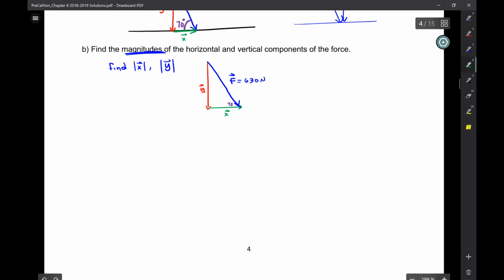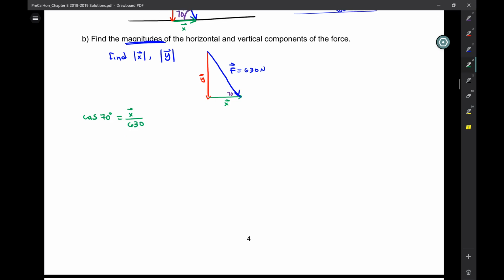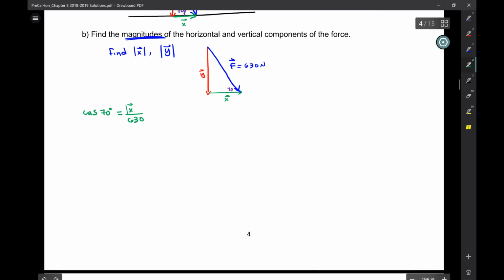So, sine of 70 degrees is equal to X, no it's not. Cosine of 70 degrees is equal to X over 630. That's all fine, but what's X equal to then?